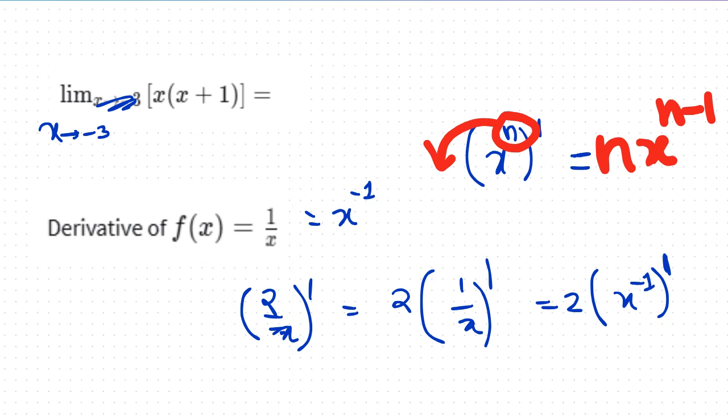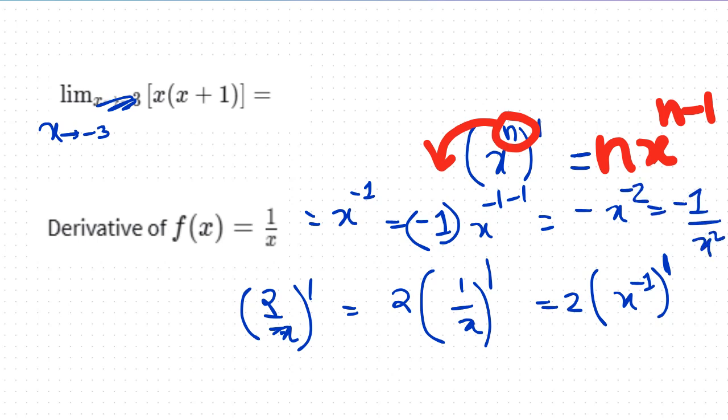So for the exponent minus 1, it is minus 1 x power minus 1 minus 1. So minus 1 x power minus 2. So minus 1 by x square. X power minus 2 means you can write it down like this, it goes down. So this value will be minus 2 by x square. Same thing.